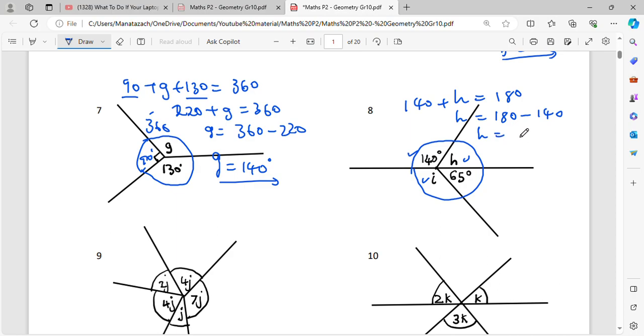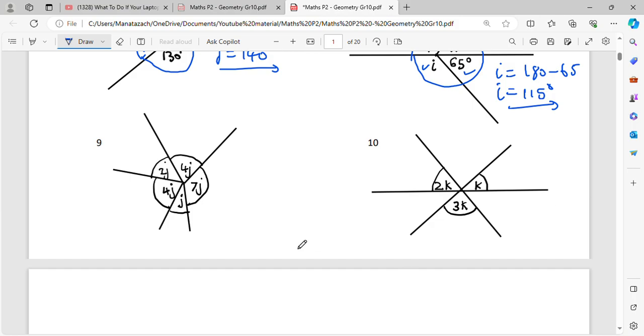So H here will be 40, right? So that's the easier way. And then you'll realize that I and 65 are on a straight line, so you'll say I is equal to 180 minus 65, right? So 180 minus 65 is 115. So that's it. So this is the easier way of doing it.